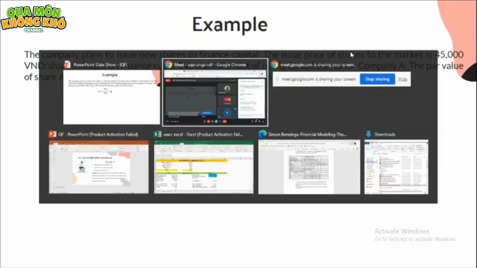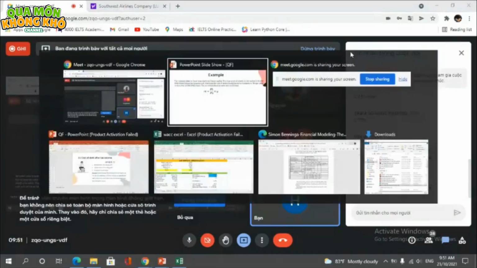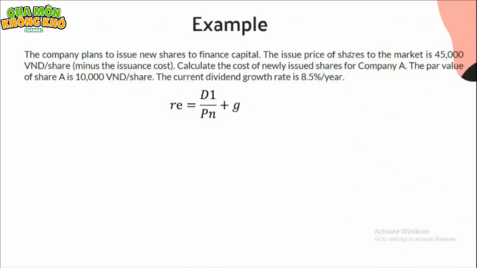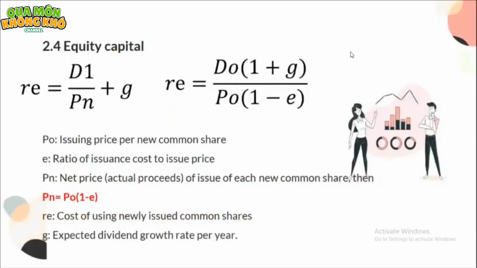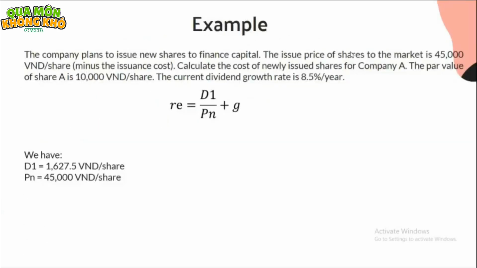So from the example, I will show the answer. Because the par value is 10,000 Vietnam đồng per share, you can calculate it like the example: 10,000 multiplied by 50% and multiplied by 1.85 to have D1, and P0 is 45,000 Vietnam đồng per share.